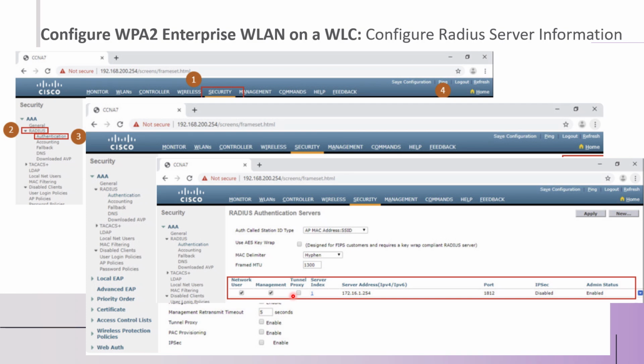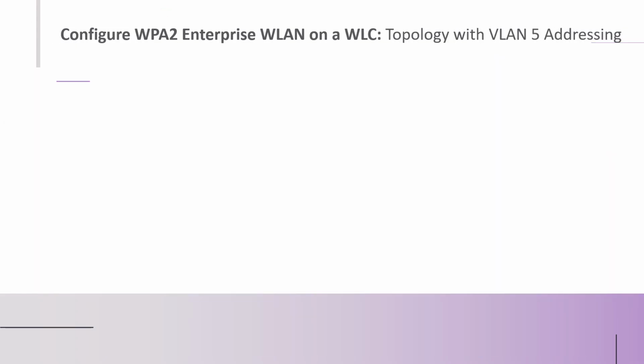So now let's go and configure the VLANs. Each wireless LAN configured on the wireless controller needs its own virtual interface. The wireless controller has 5 physical ports for the data traffic.